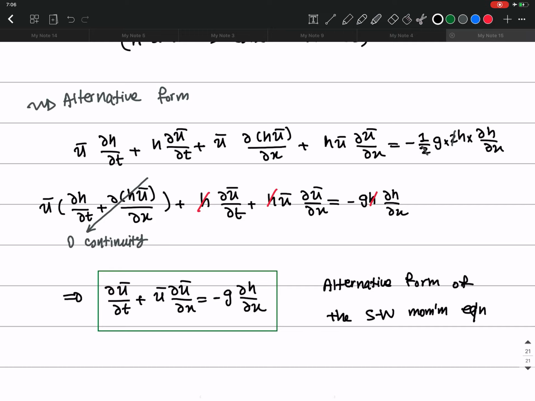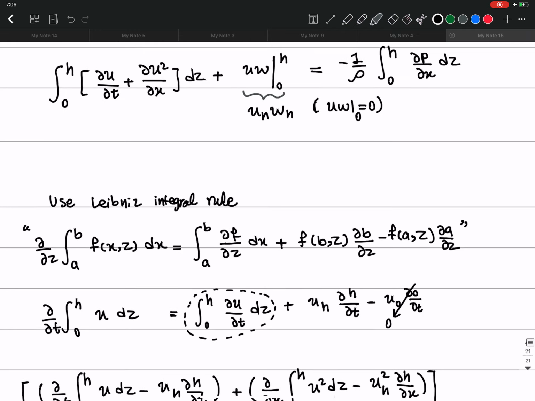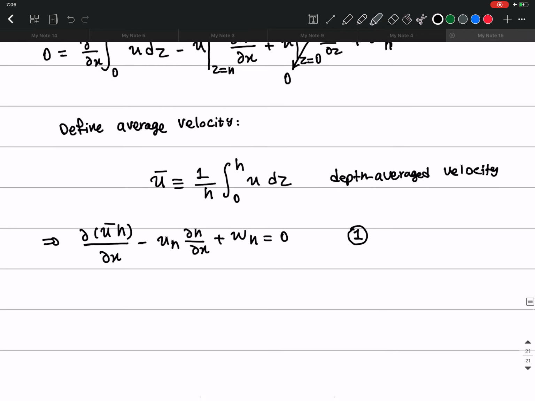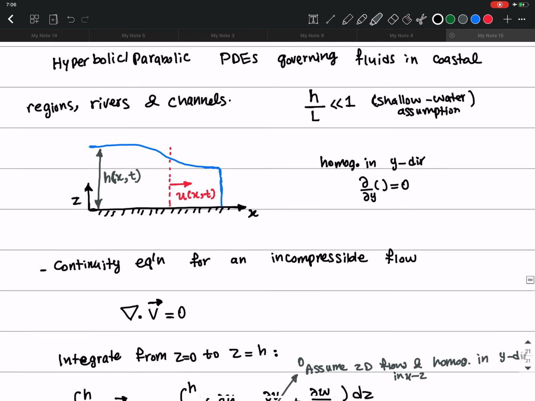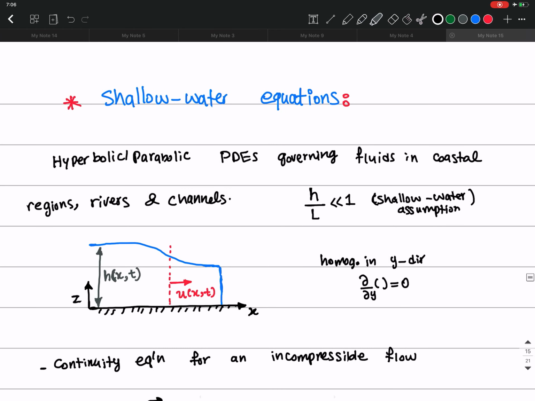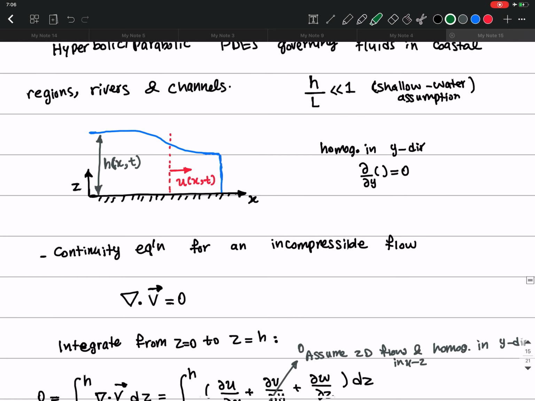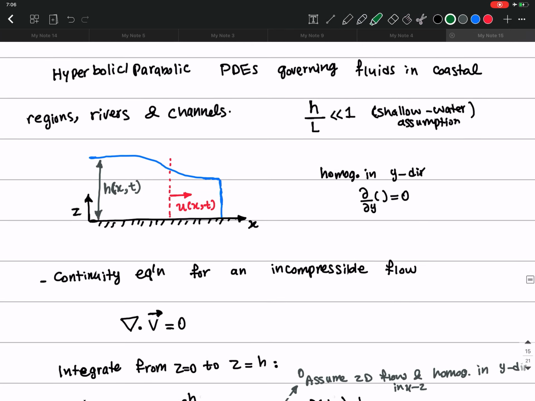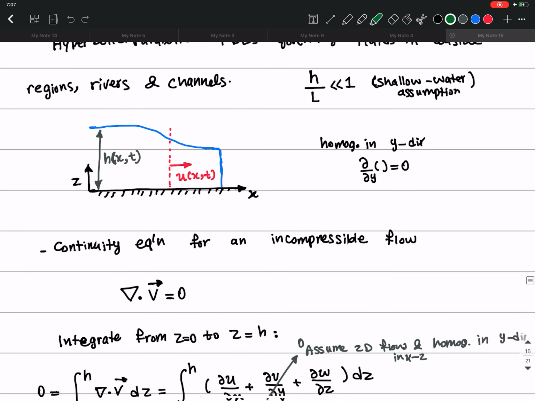So let me briefly review what we did in this lecture. We derived the shallow water equations. These shallow water equations are valid for fluids in coastal regions, rivers, and channels where the depth of the flow is much smaller than the length of the flow.